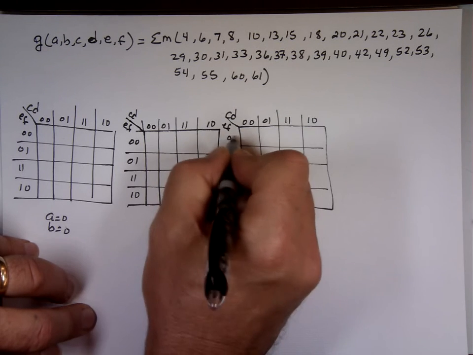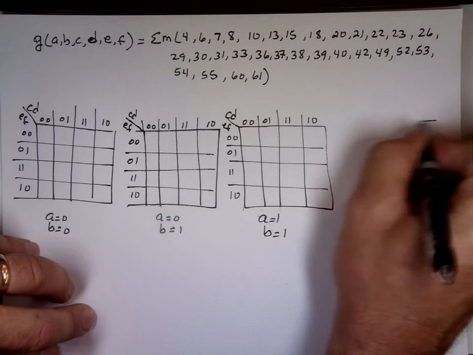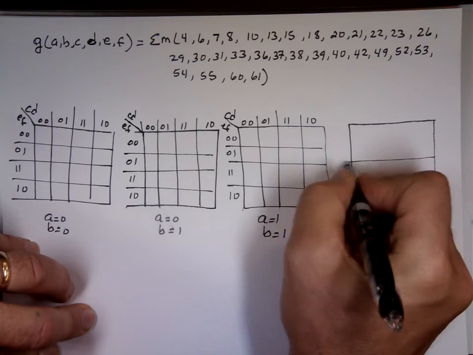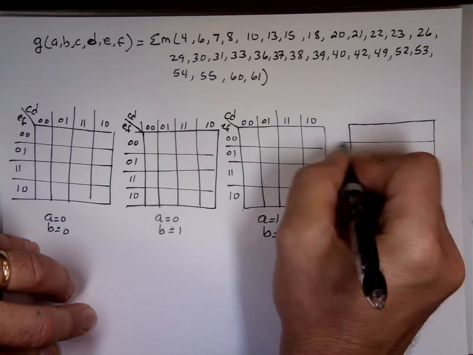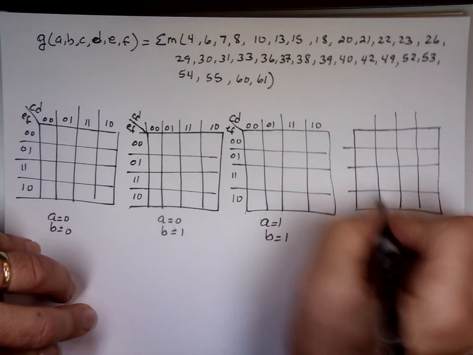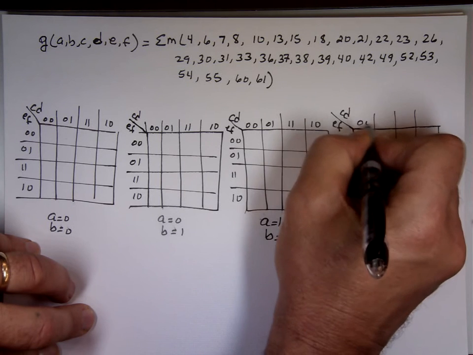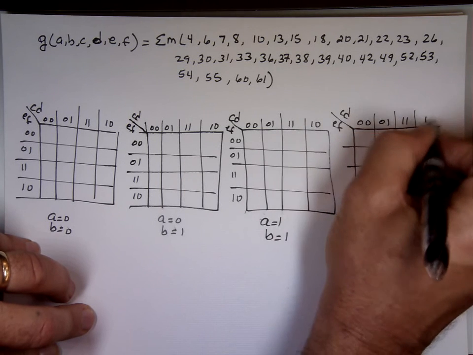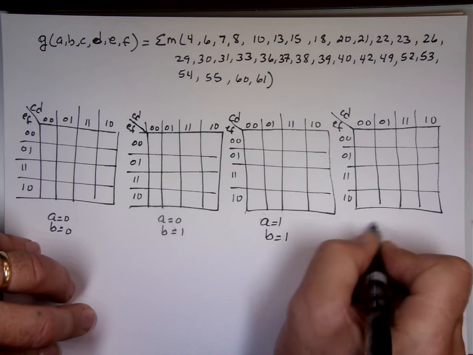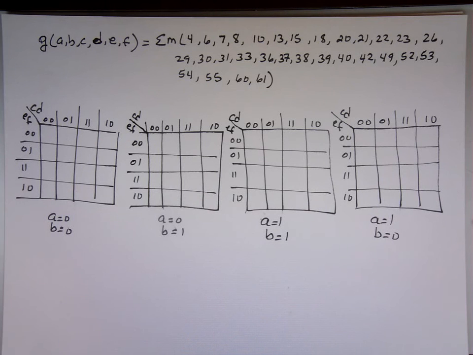And the last one, the fourth one, that's going to be stacked on top of them. Again, the way we write them, they stack on top of each other. A equals 1, B equals 0.